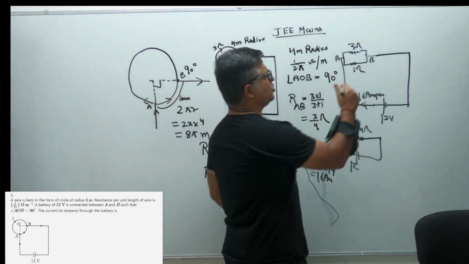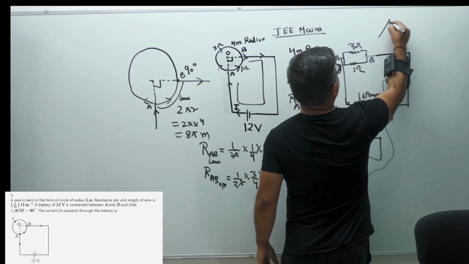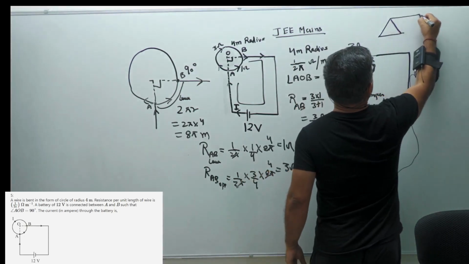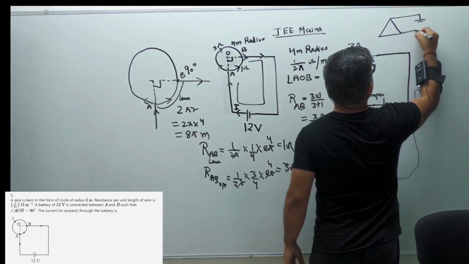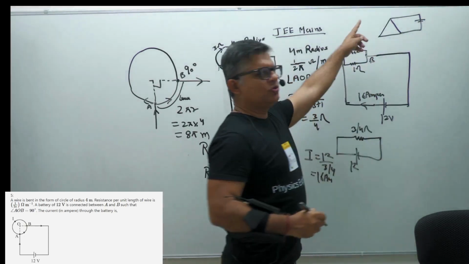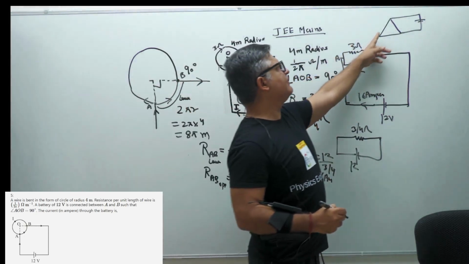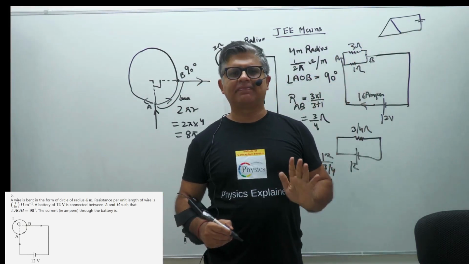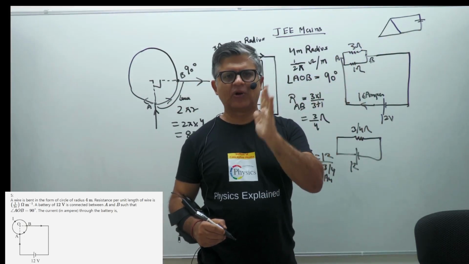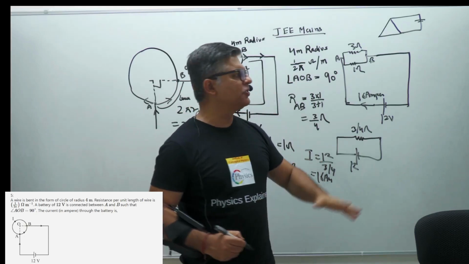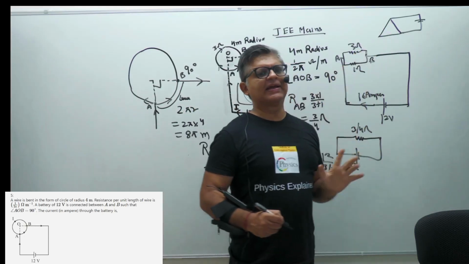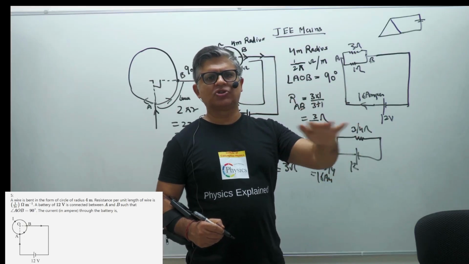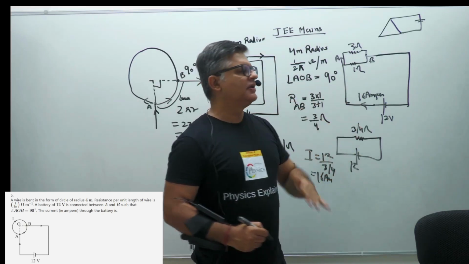So let's say you are given a triangle, right? You are given a triangle like this, and this is the battery. Now, you can still be given the perimeter of the triangle and the per meter length resistance. What is the resistance per meter? It is given to you. The perimeter of the triangle is known to you. It's a uniform resistance throughout the length of the triangle.